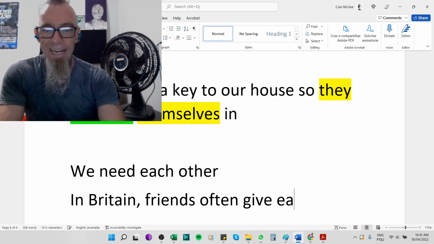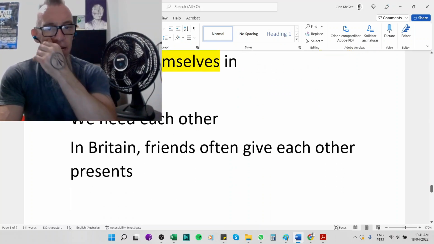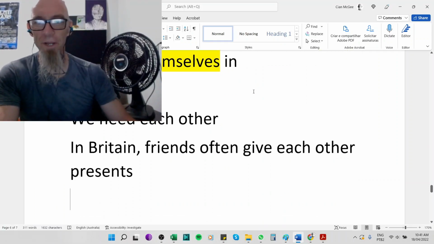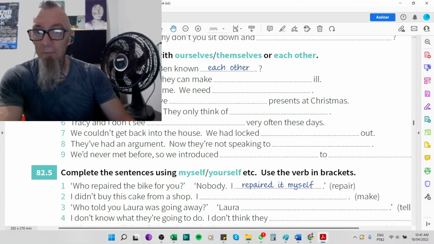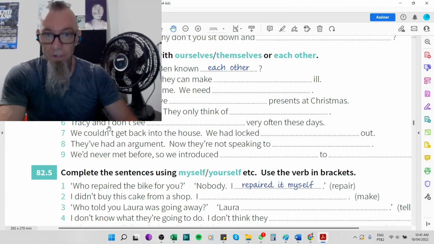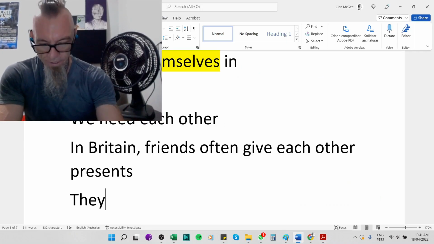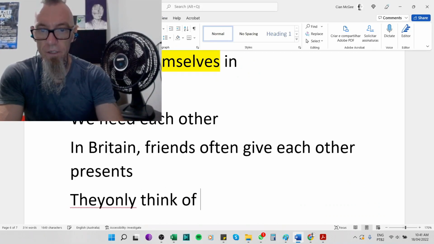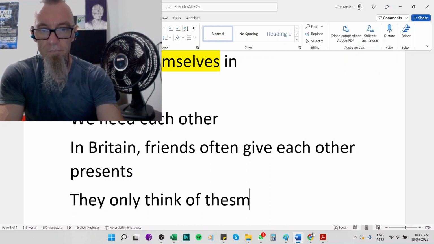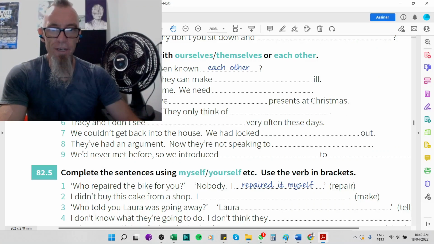Often give each other presents, as opposed to the rest of the world, where those savages take from each other. Yes. Some people are selfish. Shellfish? Oh, selfish. They only think of themselves. People only think of themselves.